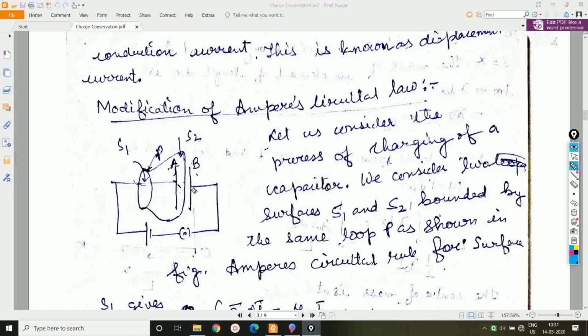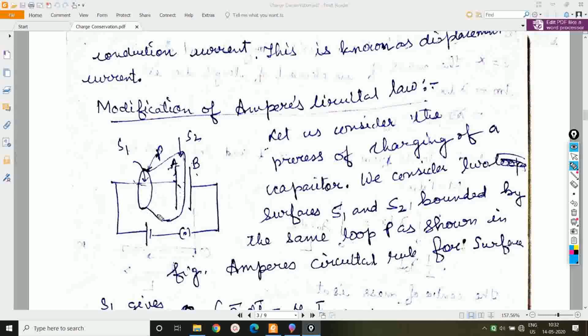So during charging, one point to be noted is that current flows from plate A to the positive terminal, and similarly there is flow from the negative terminal of the battery to plate B, that is, in the external leads. In which direction does current flow here, can you tell?